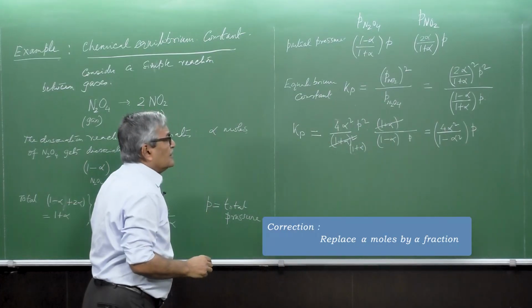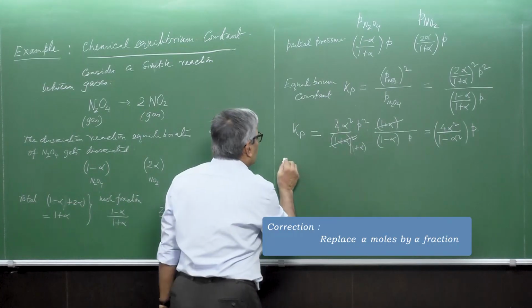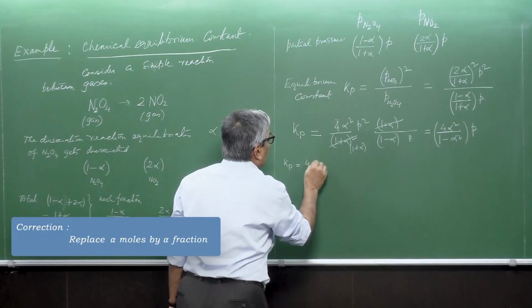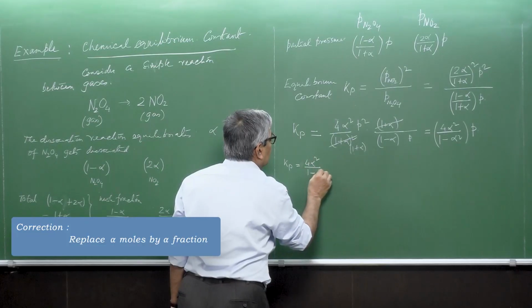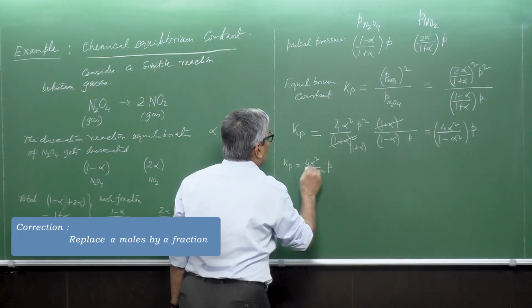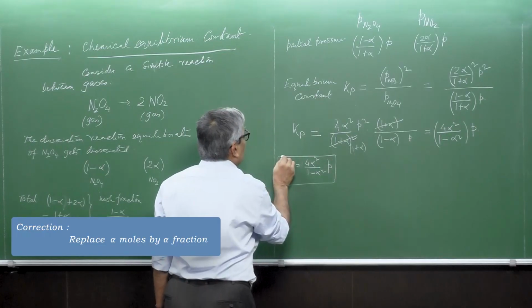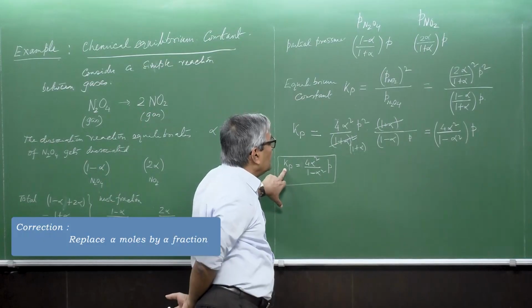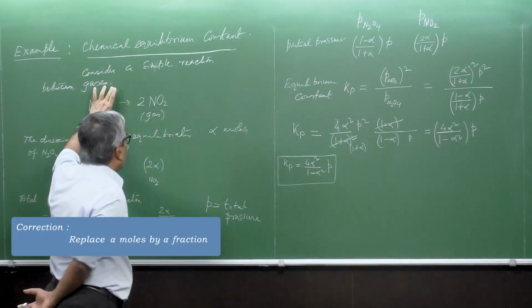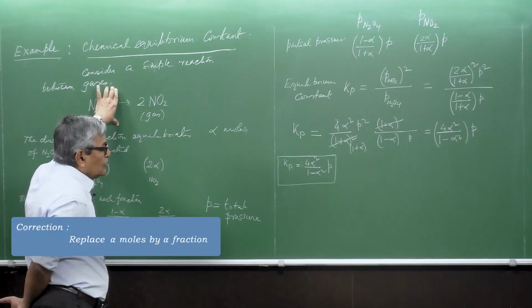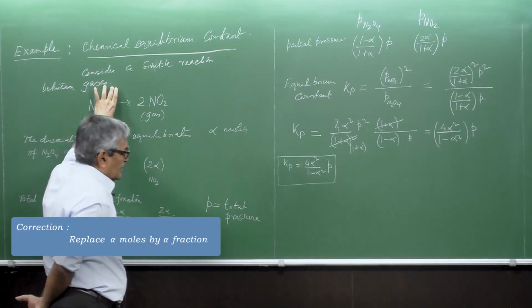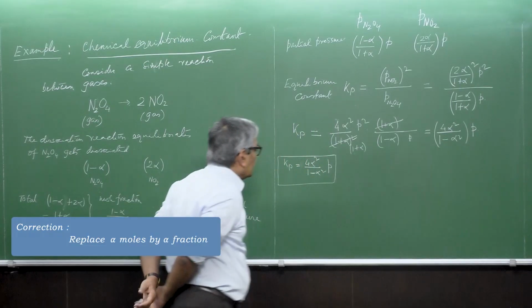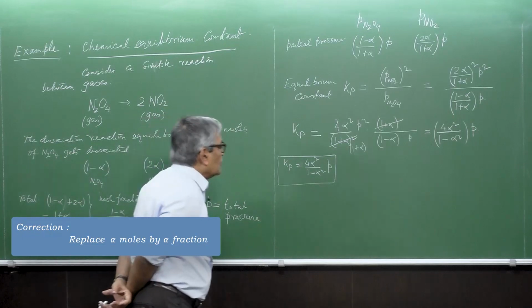So Kp is 4 alpha squared by 1 minus alpha squared times the total pressure of the gas. This is the equilibrium constant for this chemical reaction. Now the point is how to determine this alpha. That has to be specified, otherwise this becomes difficult to handle.